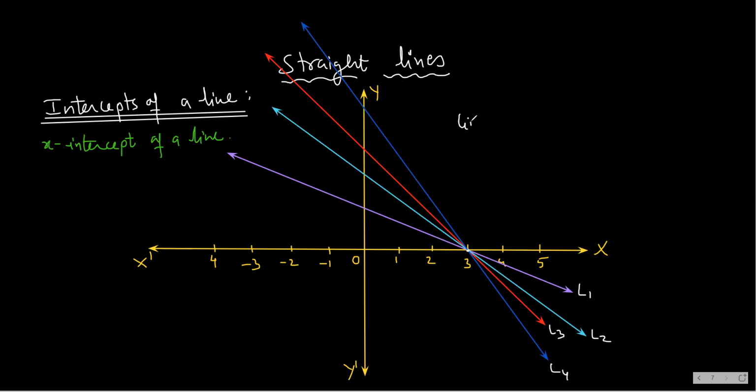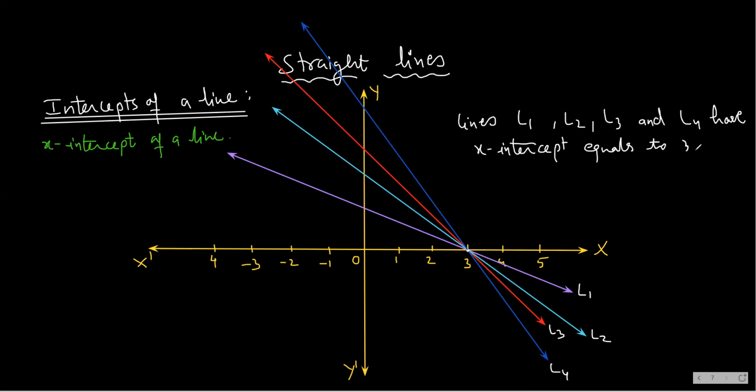So from the diagram I will say lines L1, L2, L3, and L4 have x-intercept equals 3.